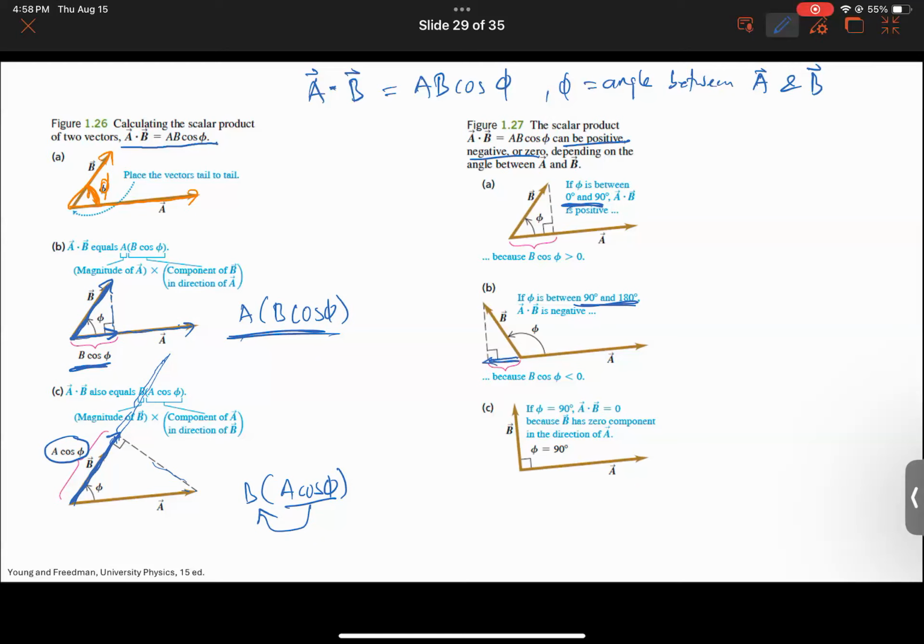Dahil yung component ng B along the direction of A is in the opposite direction of A. So kaya naging negative yun. On the other hand, pag yung vectors B and A ay may orientation na right angles, or yung angle between them is 90 degrees, yung dot product nila or yung scalar product nila is zero. Okay? So nabanggit ko yung scalar product, it's also called a dot product, particularly because we use a dot notation para dun sa scalar product.